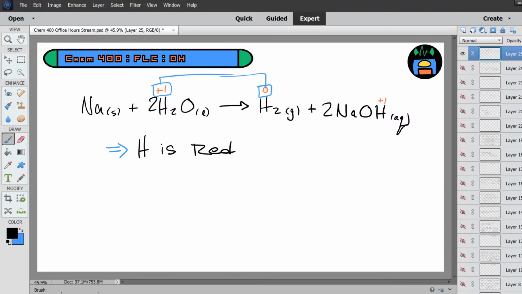There are some hydrogen atoms that are reduced. Excellent question.